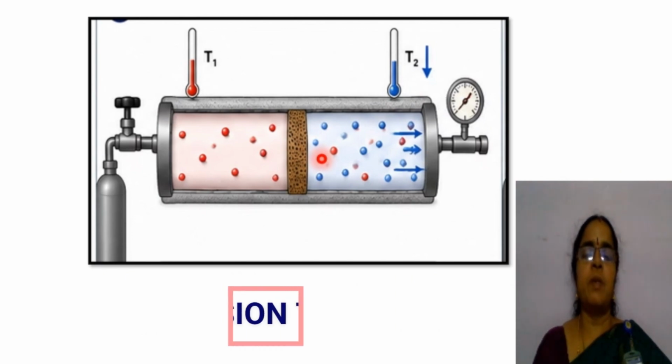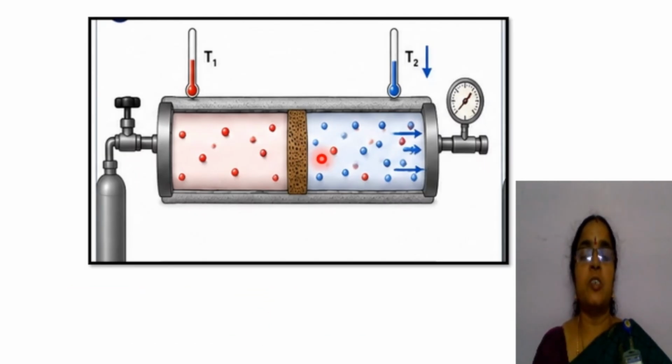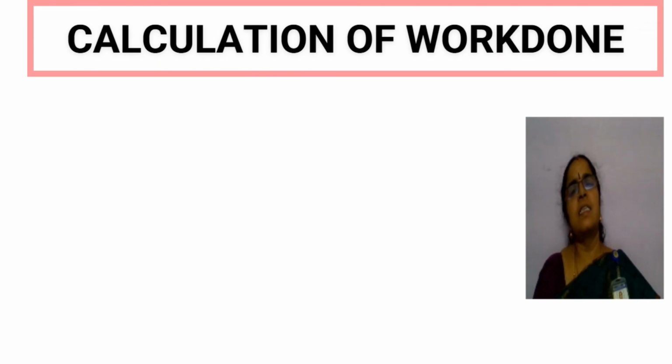If the experiment is performed below the inversion temperature, then the adiabatic expansion accompanies a cooling effect. This is the Joule-Thomson effect.